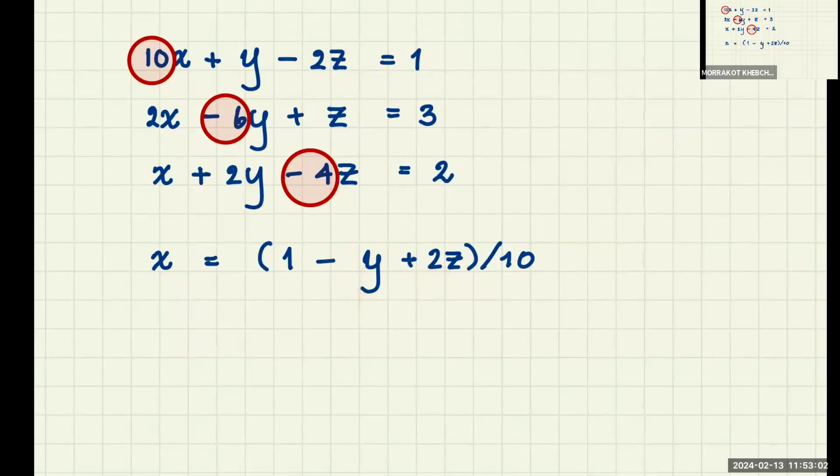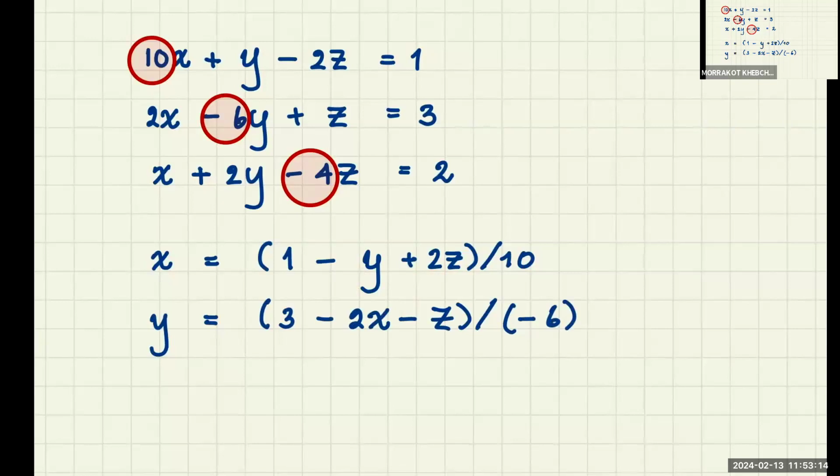Okay. And then the second equation, you get y equal to 3 minus 2x minus z divided by negative 6. And the last one is z is 2 minus x minus 2y divided by negative 4.